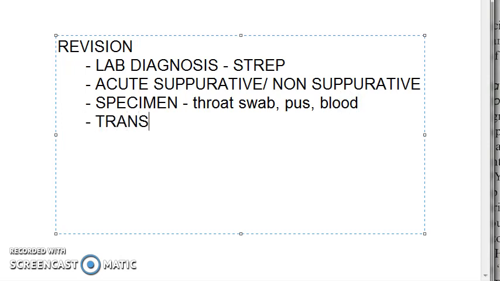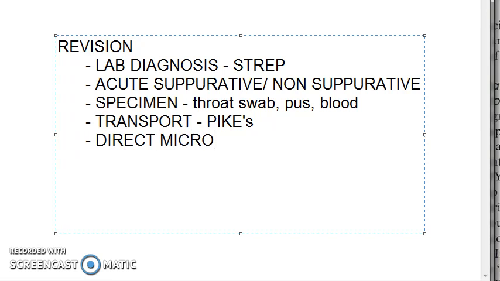Then you will transport it. You will transport Streptococcus via Pike's transport media. Then you will take it to the lab, and in the lab you will do direct microscopy after gram staining, and then you will draw the diagram. Then you will do culture.